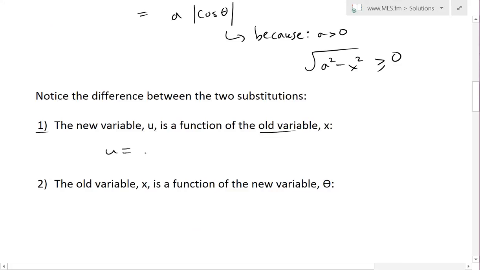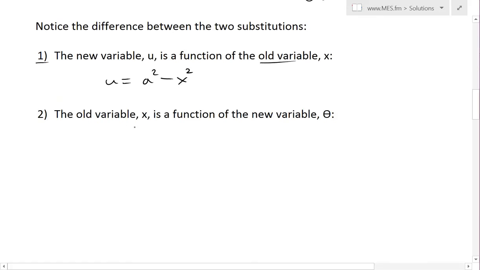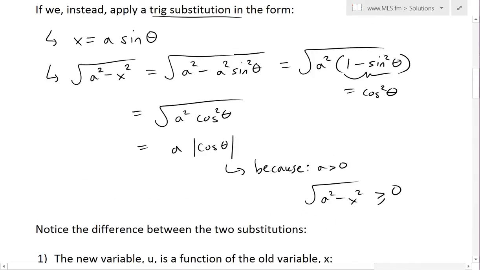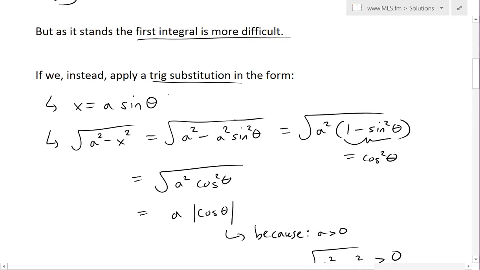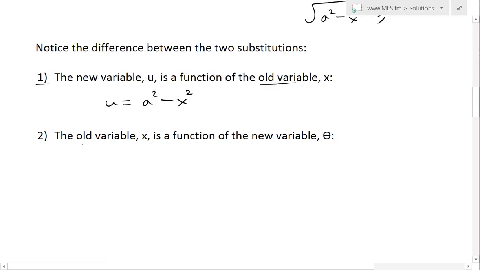But in the second substitution, the trig substitution, we started off with the old variable as a function of the new one, theta. So we had x equals a sine theta.